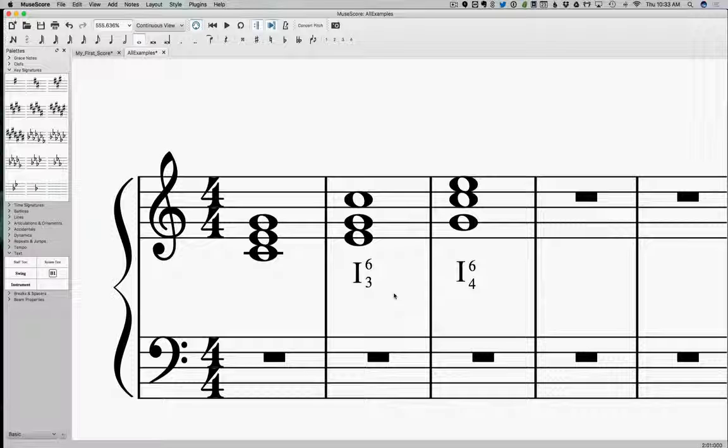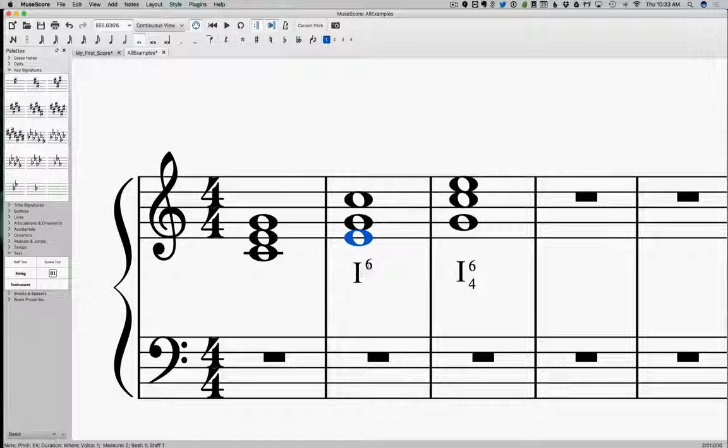We kind of do. When we have a 3 in a triad, because there are so many 3rds in triads, we tend to just leave it off as a shorthand. So we call it 6 is what we call this one. The 3rd is kind of assumed that it's there. So when you see 6, that means the 3rd of the chord is the lowest note, which is our first inversion.